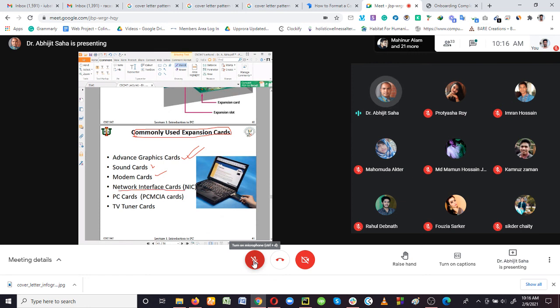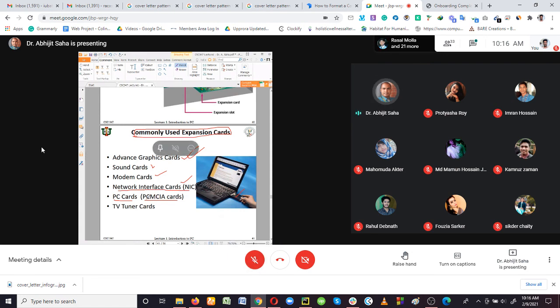Then you are having the network interface cards, NIC card, LAN card. A LAN card can be installed into your normal PCI slot. Then we are having PC cards. The PC cards have another name, the PCMCIA, personal computer.